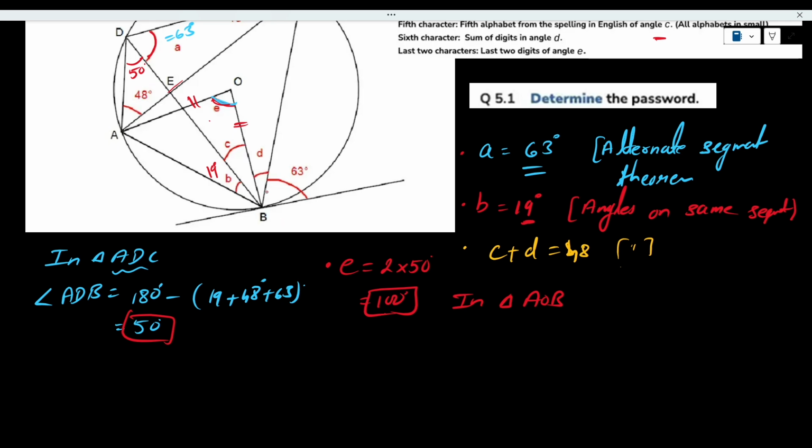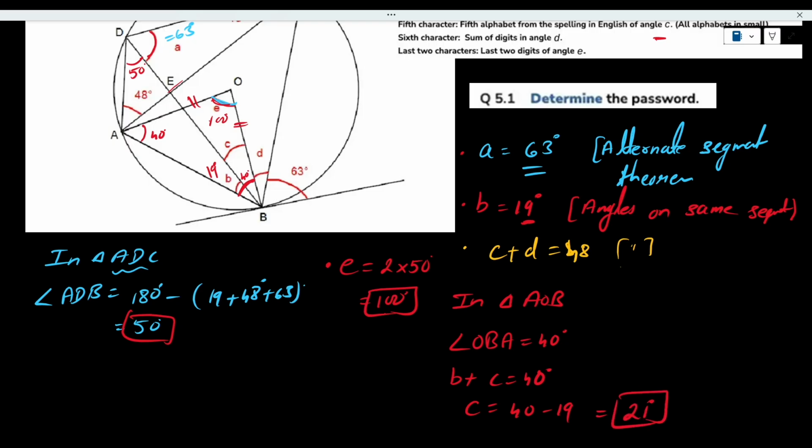With 100 at the top, each of these angles is 40 degrees, right? So angle OBA equals 40 degrees, using the angle sum property. So B plus C is 40 degrees, and B we already have as 19 degrees. So C will be 40 minus 19, which is 21 degrees.